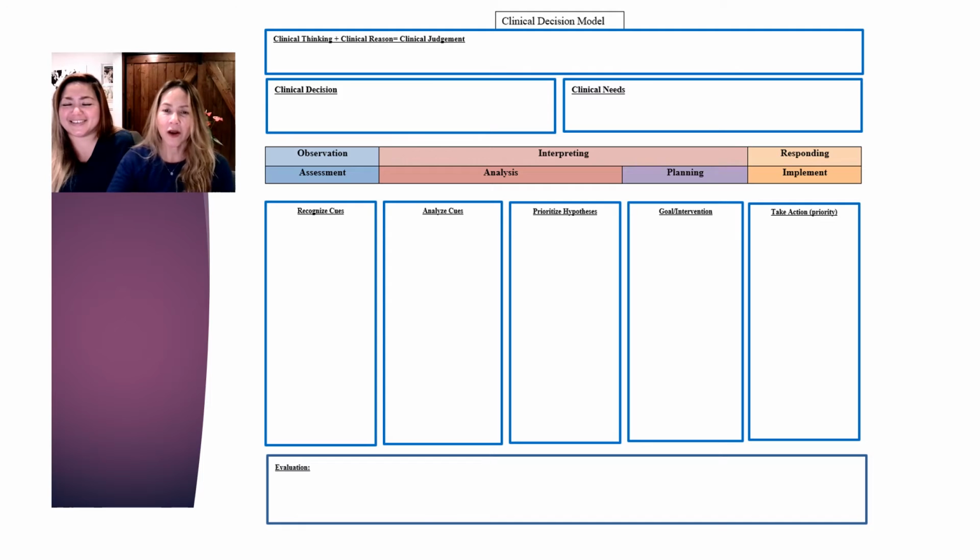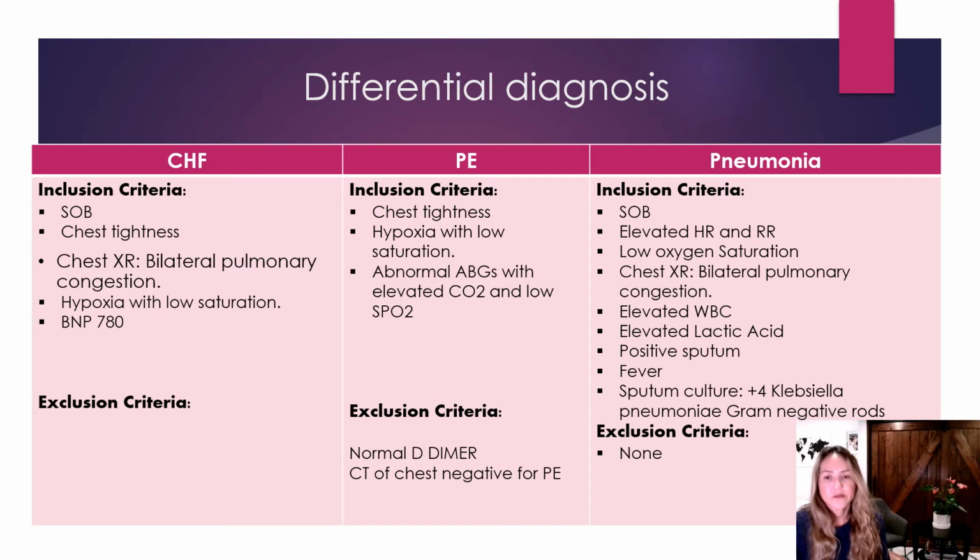Here we go. Welcome to the new clinical decision model. Differential diagnosis is a big part of the development of critical thinking. The students must understand that when patients arrive to the ED with presentations and signs and symptoms of something, it's the job of the doctor and the nurses to figure out what they have.